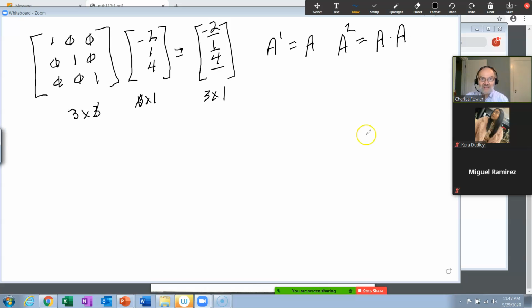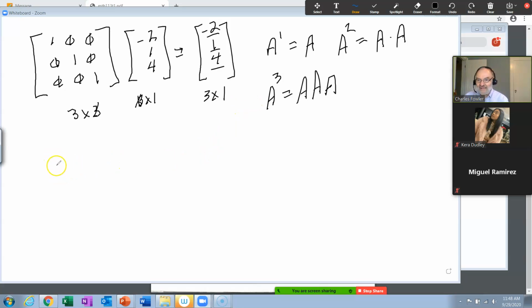Because if this is, say, a 3 by 3, that's a 3 by 3, then your answer is going to be a 3 by 3. And then you can do it again. And A cubed would then be A times A times A. And this would be a 3 by 3 times a 3 by 3 times a 3 by 3, giving you a 3 by 3 times a 3 by 3 gives you a 3 by 3. So you always stay that same size as long as these are square matrices.